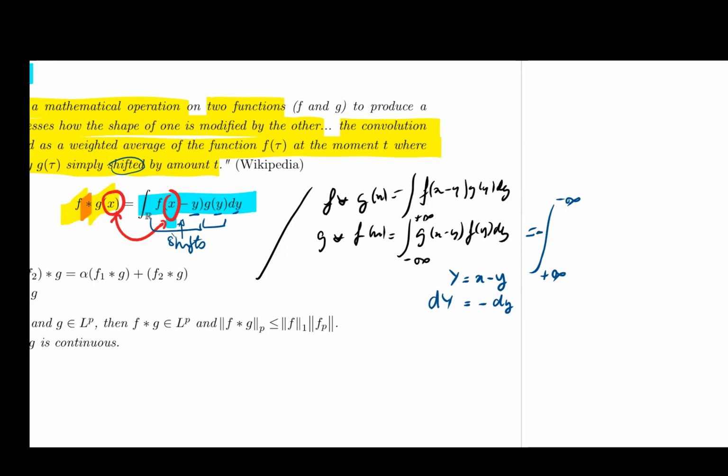Obviously, it's going to be flipped back by the negative sign that I get from the substitution. And then my function g becomes g of capital Y. And f of y, where small y is given by x minus big Y, so f of x minus big Y. And here we go, we just have to flip back the bounds using the minus sign in front of the integral.